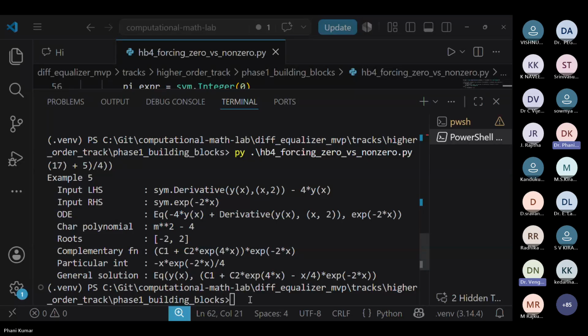So this is d square y by dx square minus 4y, and the right hand side function is given. So the first one is the complementary solution, and the final particular solution is minus x e power minus 2x by 4. The complementary solution and the particular solution together make the final general solution of that equation.